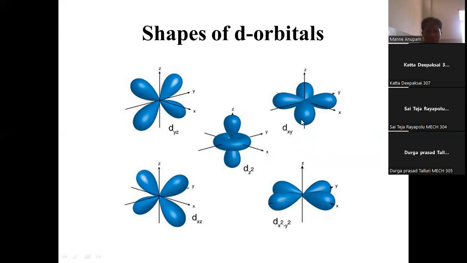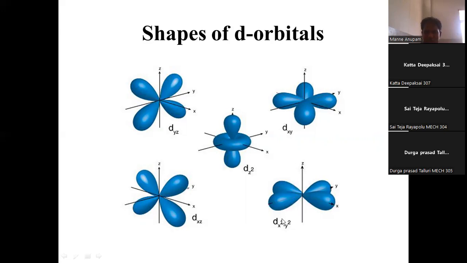We have to see which are concentrated on the axis and which are concentrated in between the axis. These are concentrated on the axis: x-axis concentrated, y-axis concentrated.